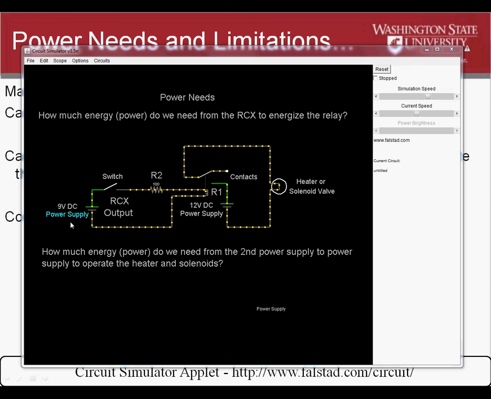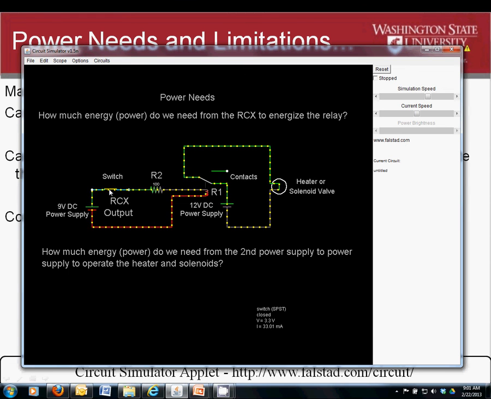In the model here, the RCX is represented by the power supply and the switch. Internally, the RCX programming opens and closes the switches and determines how much voltage and what the shape of that voltage waveform is. As it's flowing here, we can see that some of the energy is consumed by the first resistor in the voltage divider, and so in this case it has 40 milliamps flowing through it, a 100 ohm resistor, and a 4-volt drop.